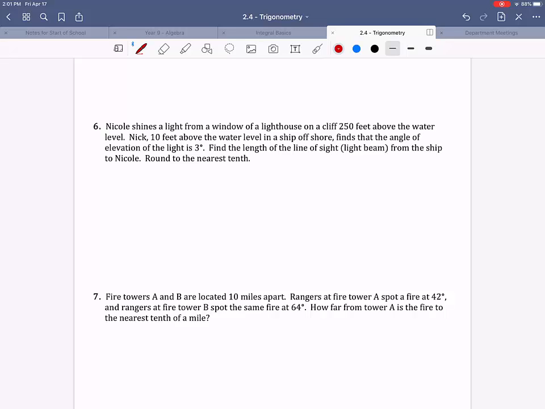Now, it does talk in some of these problems about what is called an angle of elevation. You may not be familiar with that term. Let me just talk about it briefly. If you are standing on the ground and you are looking at something way up high, like a balloon going up into the sky, the angle of elevation is the angle at the bottom from the ground towards the balloon.